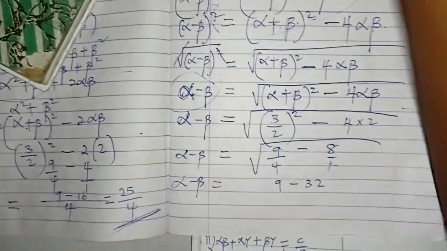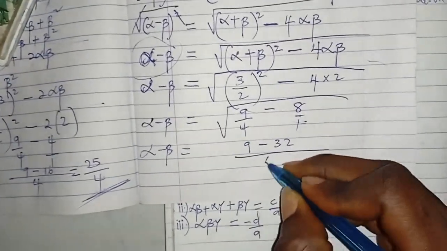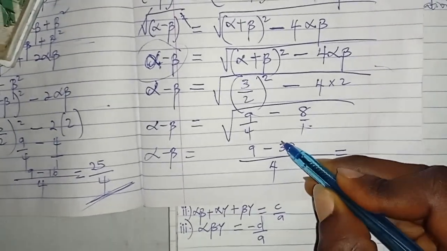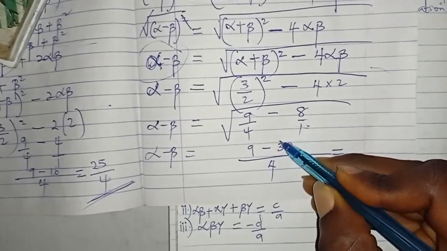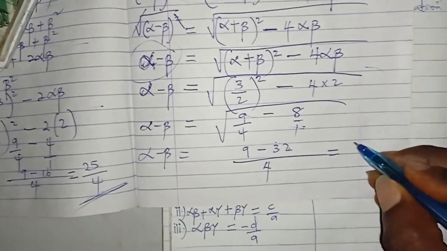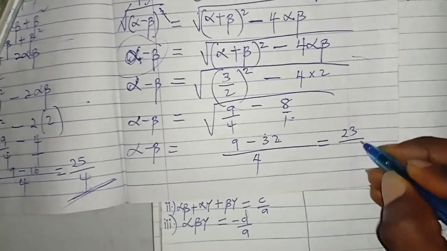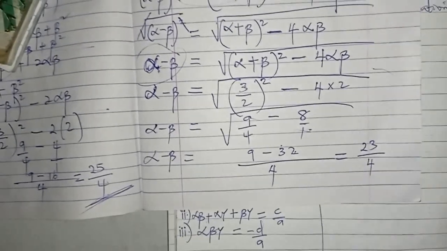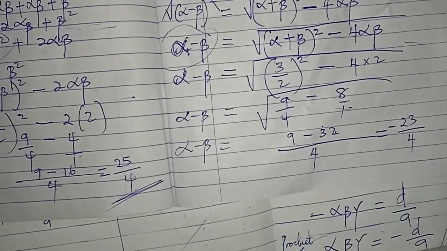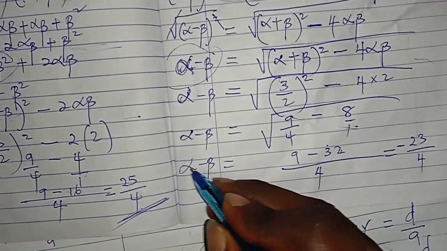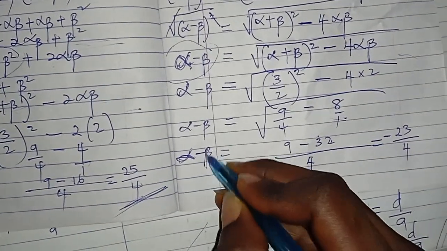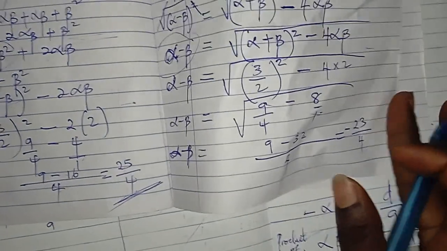All over 4 times 1, 4. So if I remove 9 from 32, I have 23. So you get minus 23 over 4. And like I said, I like leaving my answer in fraction form, not decimal. So this is your answer.